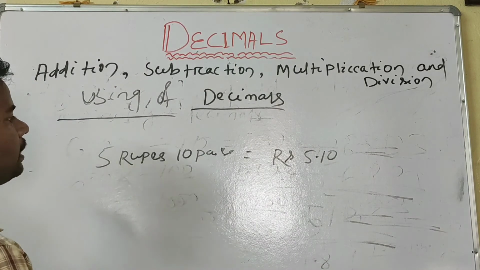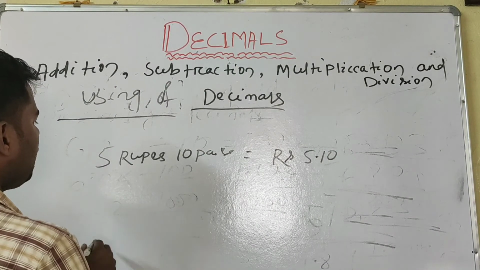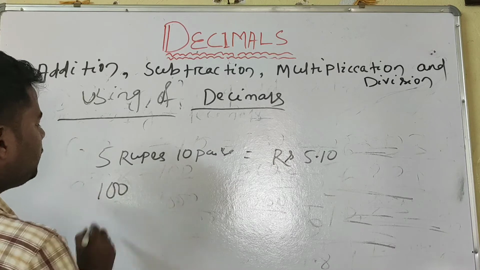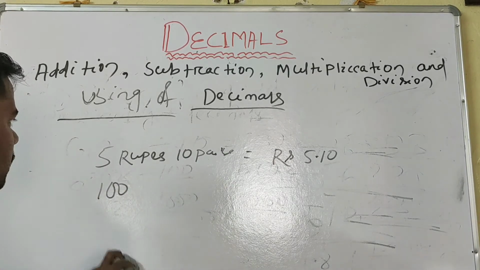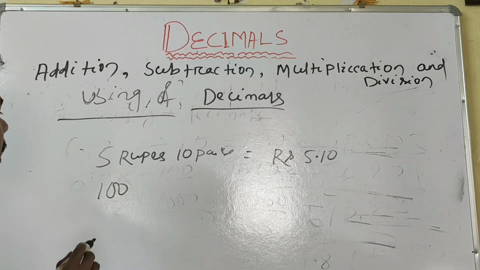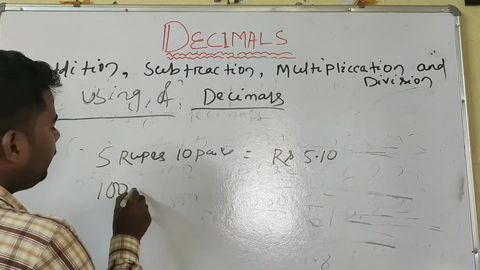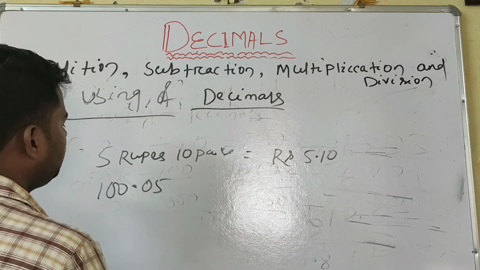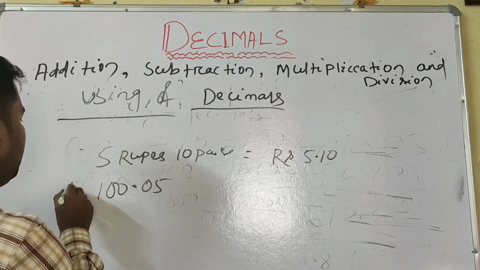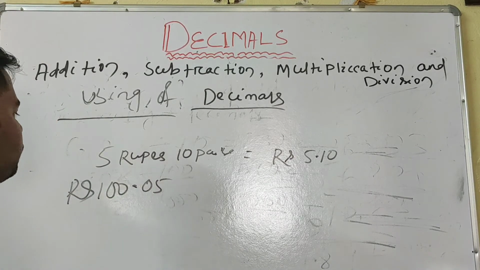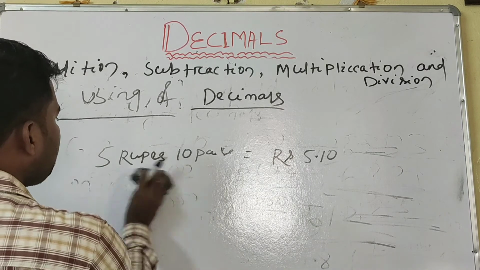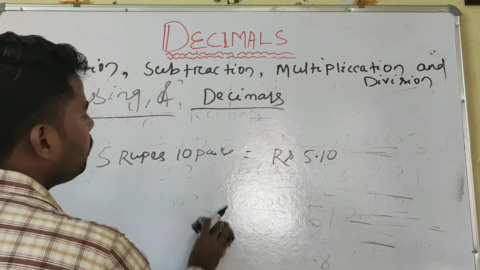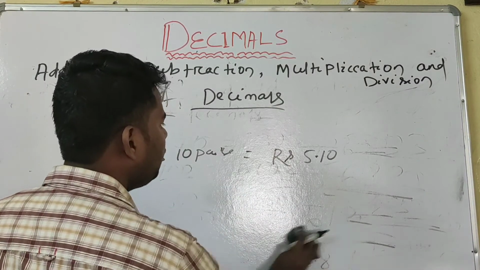Suppose 100 rupees 5 paisa. How will we convert this into decimal? 100 rupees, and 5 paisa means 05. So 100.05. Okay. In this way we can convert any rupees into decimal.